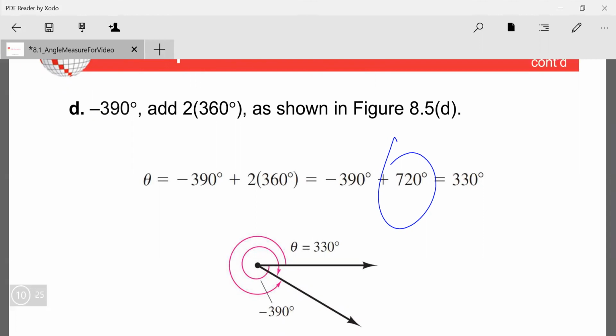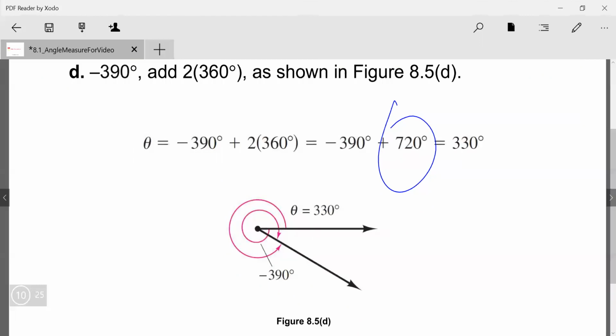And this graph here shows how it's working. Negative 390 means this angle here.